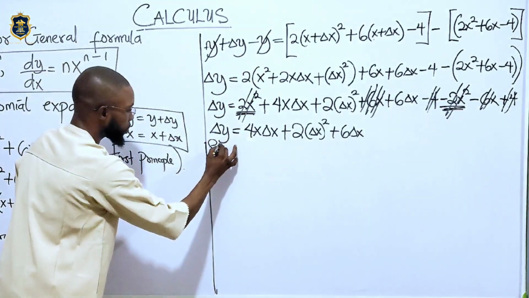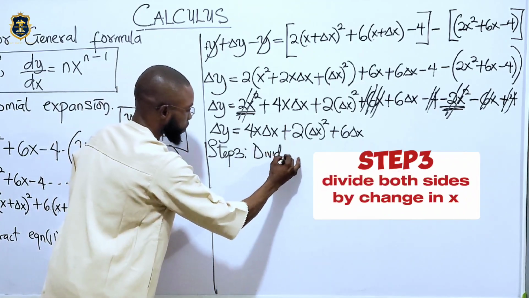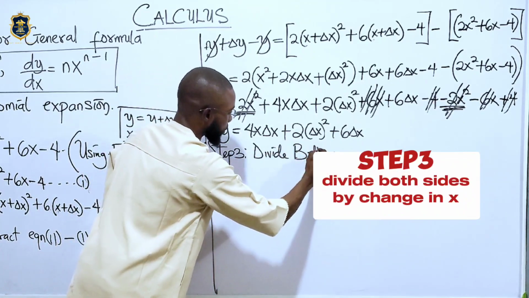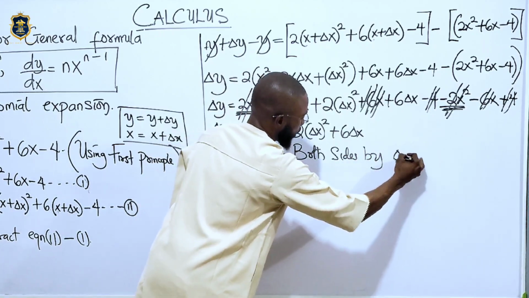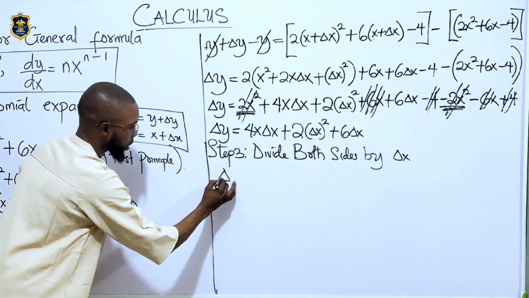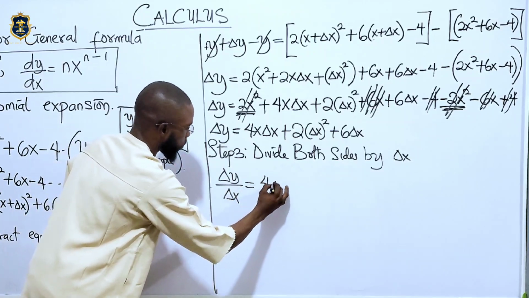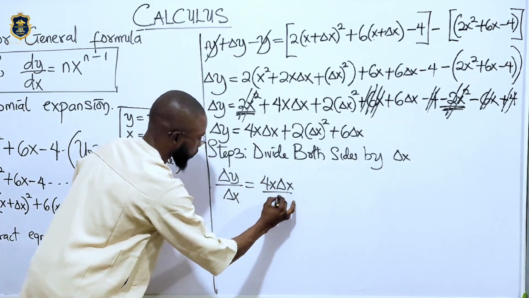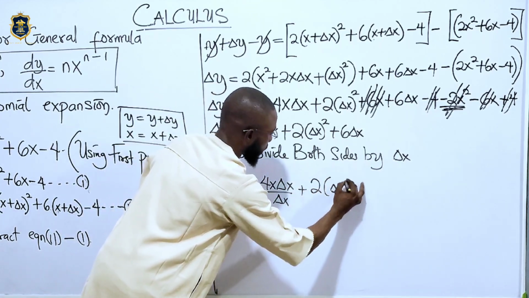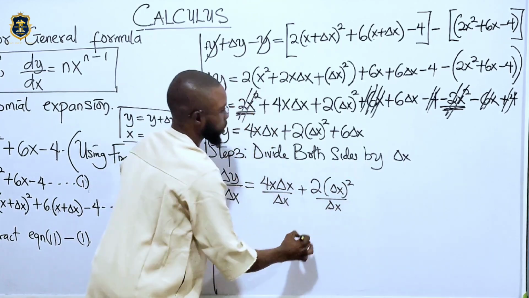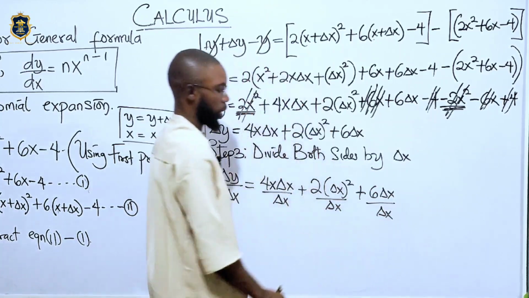Our step 3 is to divide both sides by change in x. What that means is that our change in y over change in x is equal to 4x change in x over change in x, plus 2 change in x squared over change in x, plus 6 change in x over change in x.